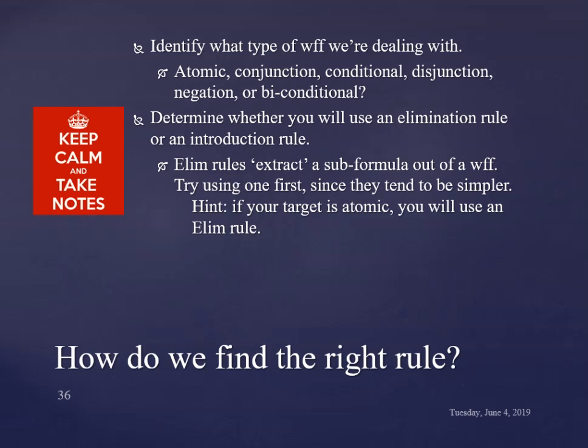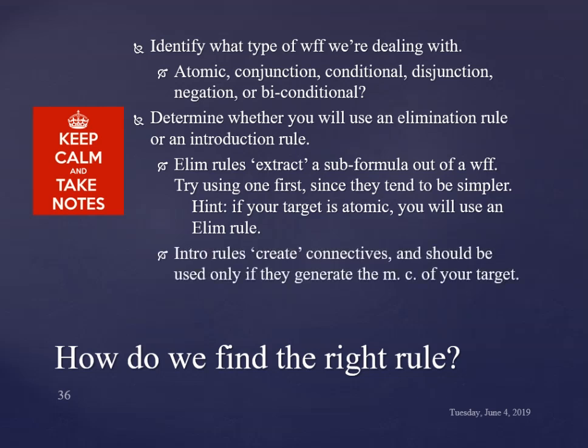So you need to use an elimination rule if your target is atomic. Like I just said, intro rules create connectives. They should be used only if they generate the main connective of your target. So don't just use them willy-nilly. You want to use them to get the main connective of your target.